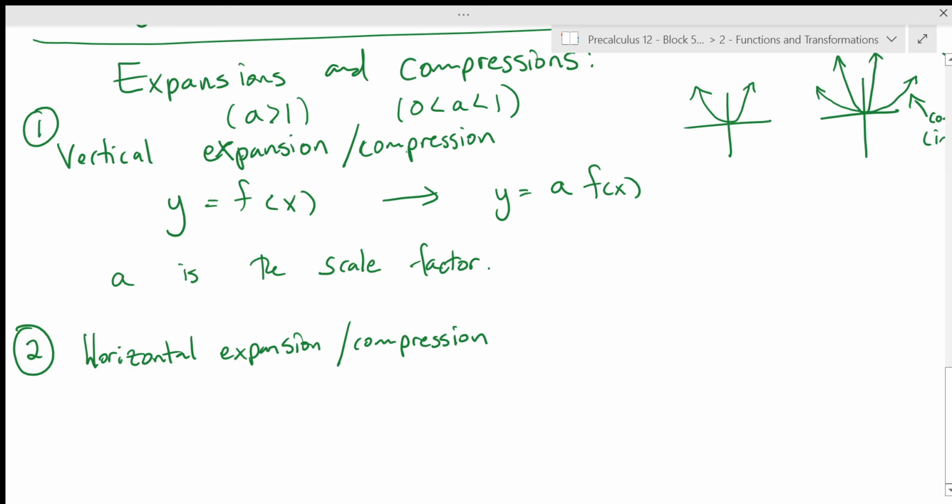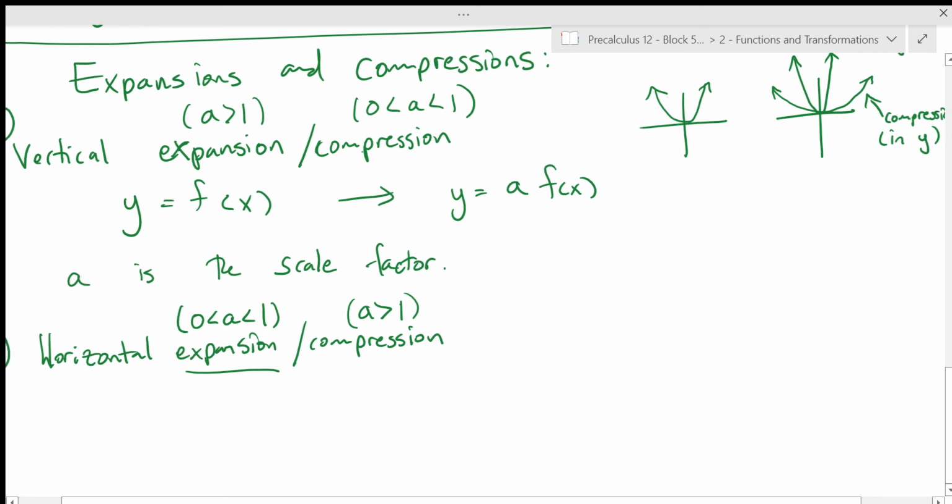You may, if we're using functions that are not symmetrical, or if you're using some kind of piecewise function that's like a bunch of lines stuck together. So horizontal expansions happen in the opposite way. So if your a is between 0 and 1, it's actually an expansion, and it's a compression if a is greater than 1.